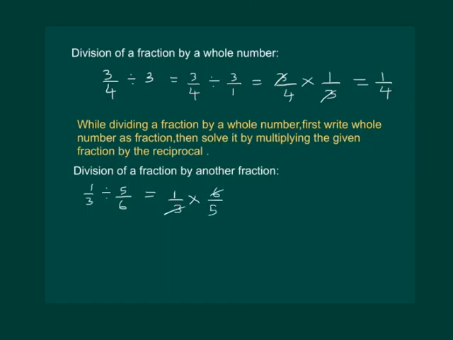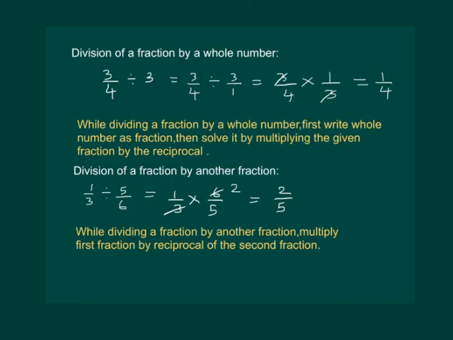Let us solve this further. 3 times 2 is 6. So we have 2 by 5 as the answer. That means while dividing a fraction by another fraction, multiply the first fraction by the reciprocal of the second fraction.